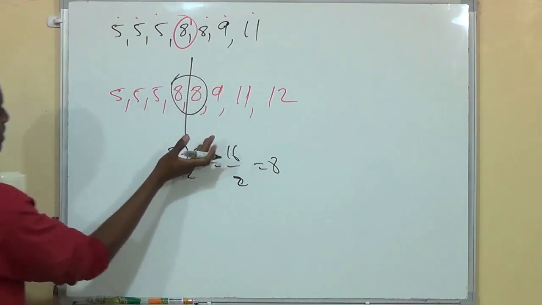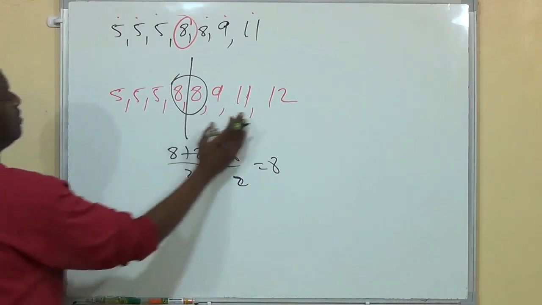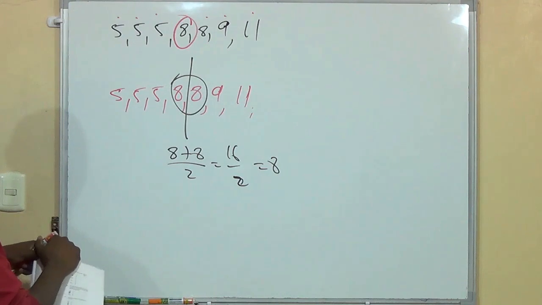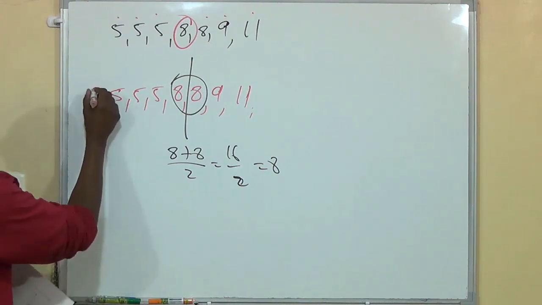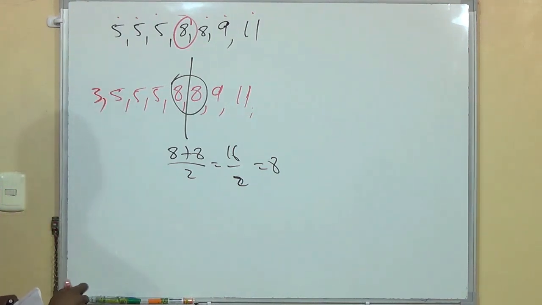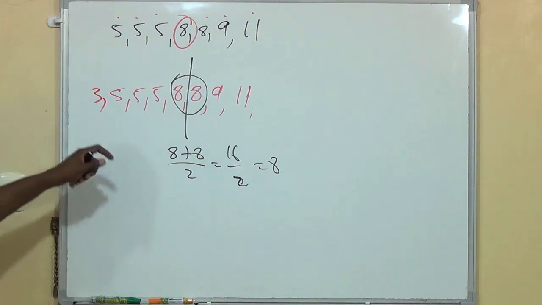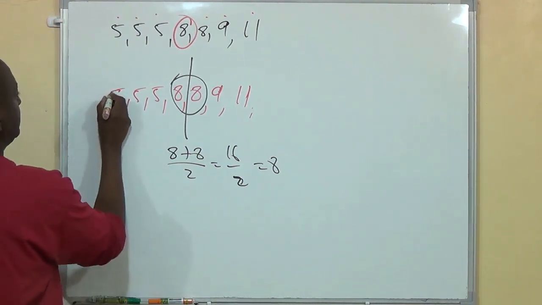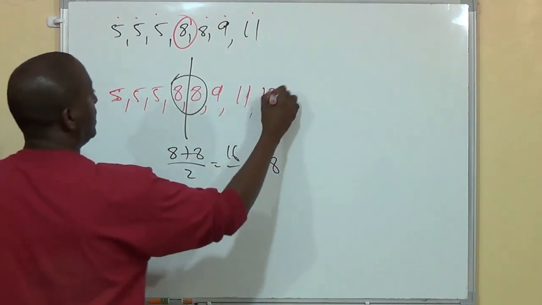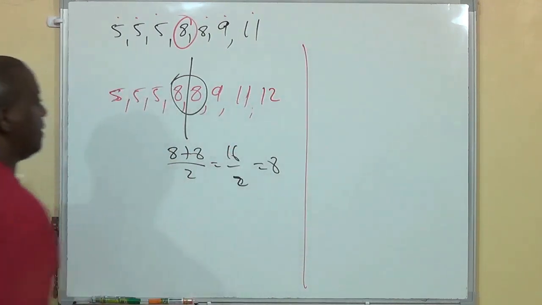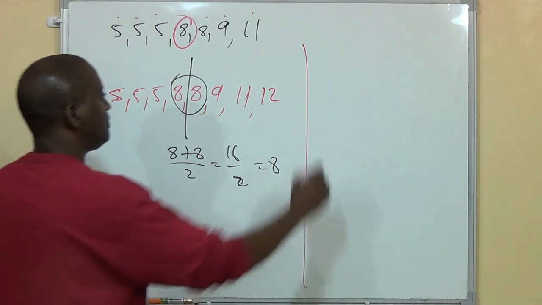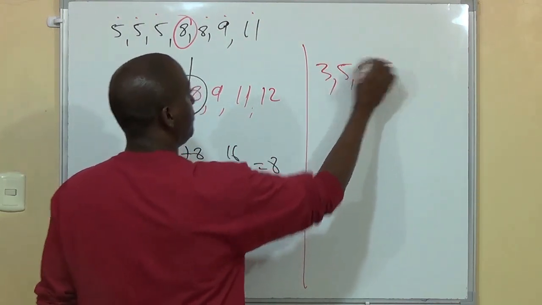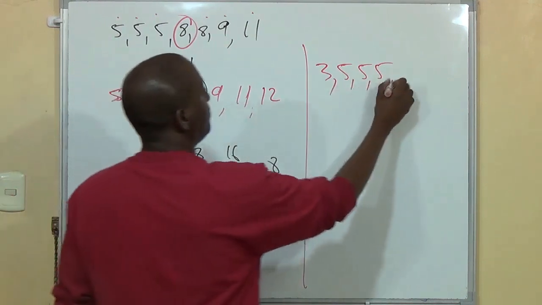And the same thing would happen if I would have added, instead of a 12 here, let us say I had put a 3 on this side. Well, actually no. If I put a 3 on that side, in fact, let me work it as a separate enterprise. So we have a 5 here and I have a 12 here. If I come here and I say 3 on this side, 5, 5, 5, 2 8s, 9 and 11.